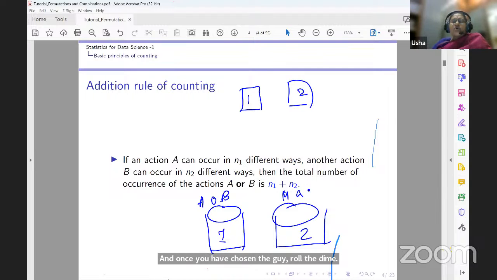So what are you doing here? What are your 2 decisions here? First, you choose a die. This is an action. What is your first action here? Choosing a die. And then you're rolling the die that is chosen.